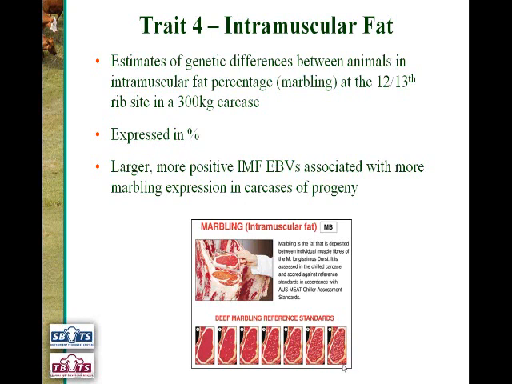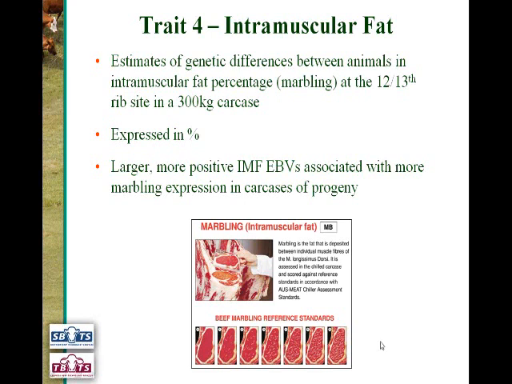So marbling is the visual score. The actual intramuscular fat, which the EBV refers to, is when we go and extract that fat out of the muscle, using some chemical extraction, and measure what percentage it is. So they're very similar measurements, looking at slightly different traits, but obviously we're getting at the same thing.